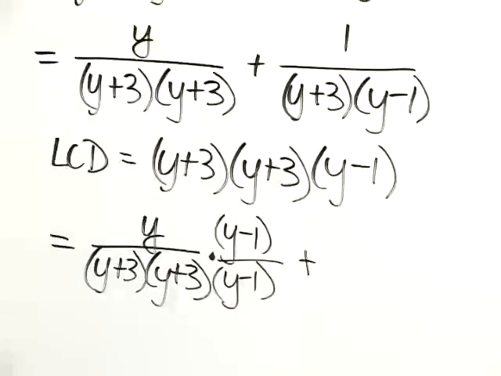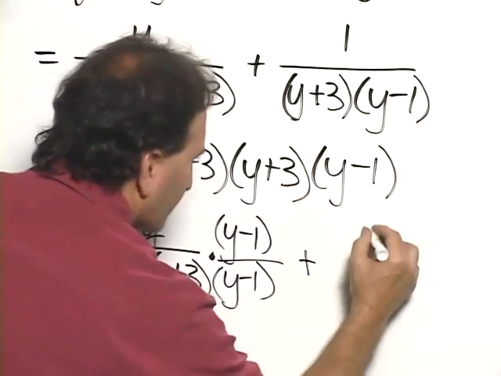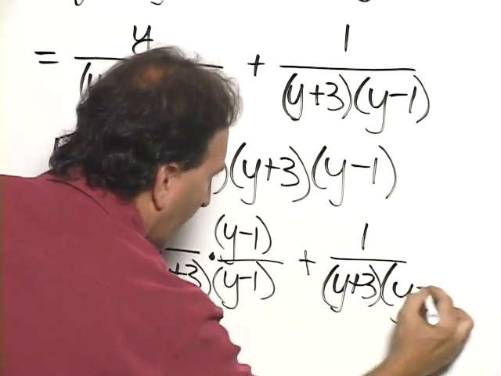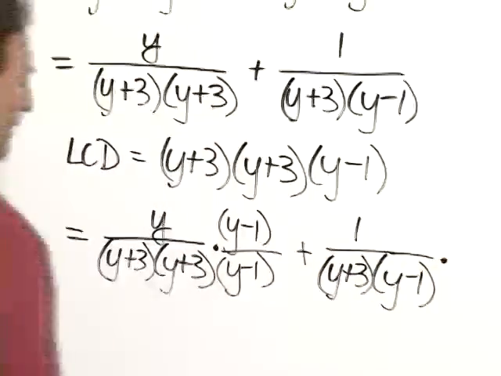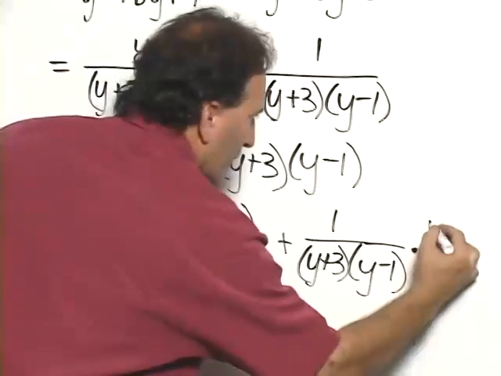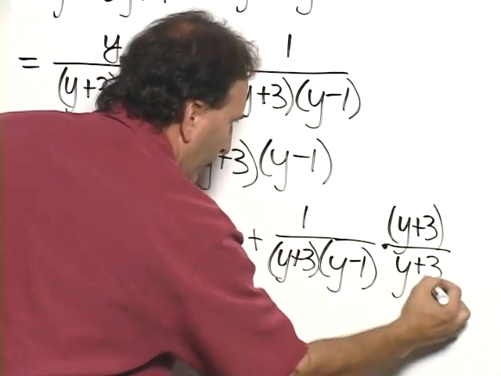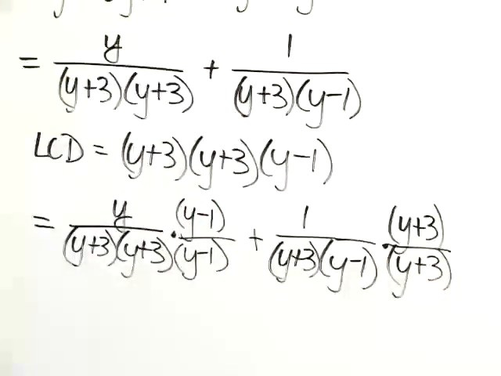Plus, when we take this rational expression, 1 over y plus 3 times y minus 1, we would have to multiply numerator and denominator by y plus 3.